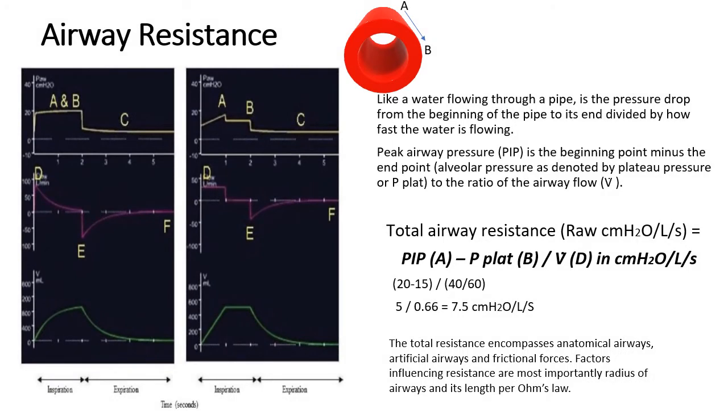Airway resistance is simply the difference of pressure between one point to the other point divided by flow, like in that water pipe from point A to point B, divided by how fast the water is going, which is the flow. Same in mechanical ventilation, back to the same figure here with the volume controlled ventilation and the constant or square waveform.